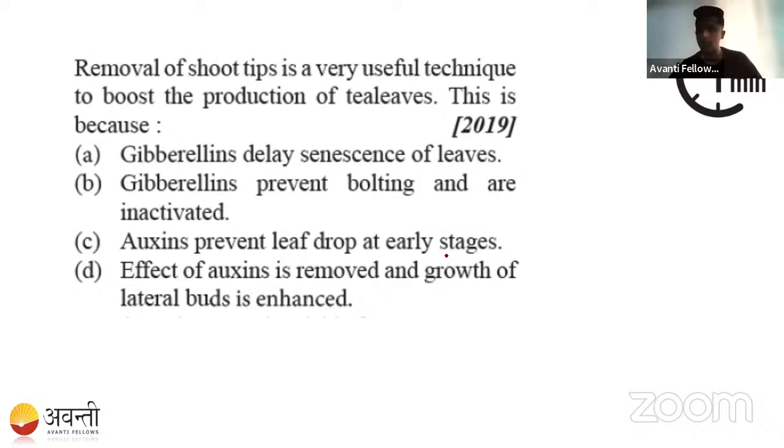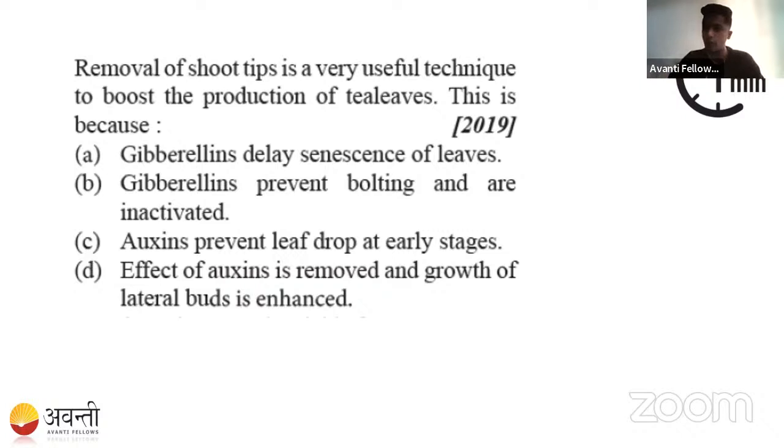Let us see what happens. You should have seen the harvesting of tea leaves. They usually take the leaves which are terminal, at the shoot tips. Now, whenever the shoot tip leaves are taken out, the lateral leaves below them produce a lot of auxins.